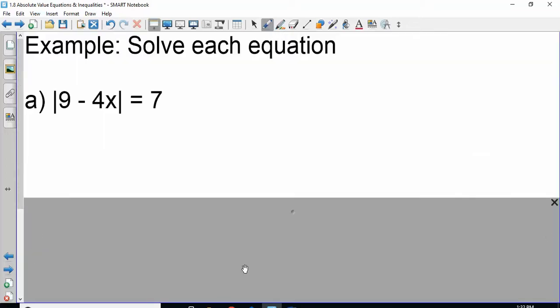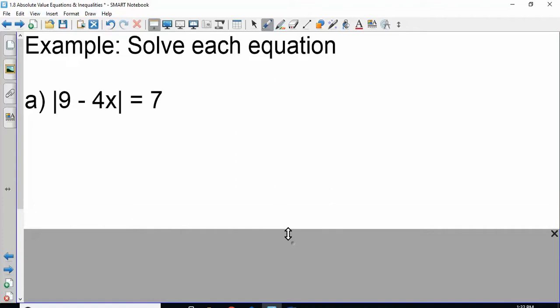So let's solve these equations. For this one, what would my two equations be? So we set it equal to a positive 7 and a negative 7.